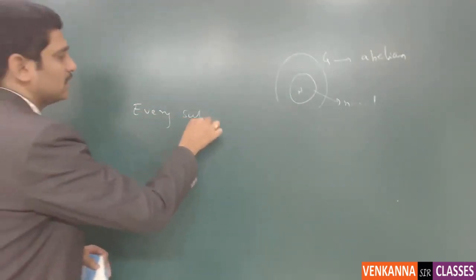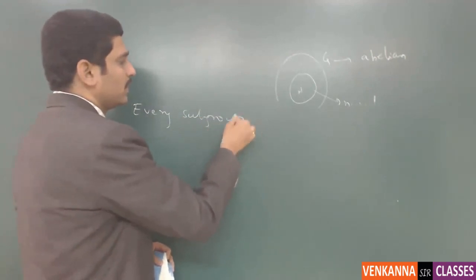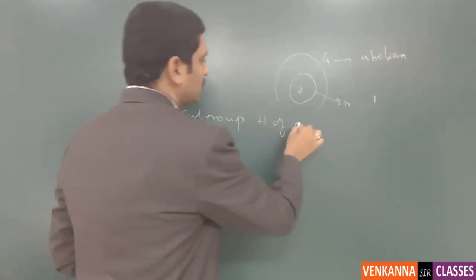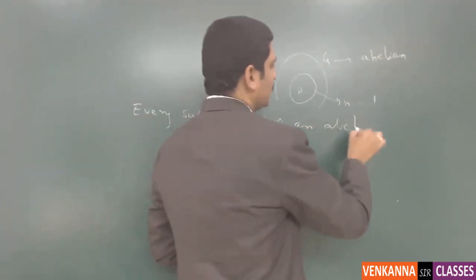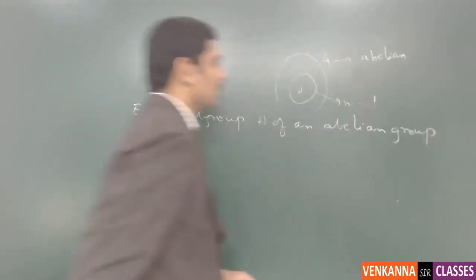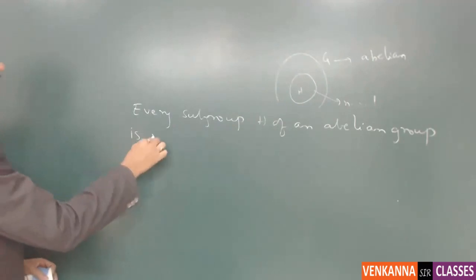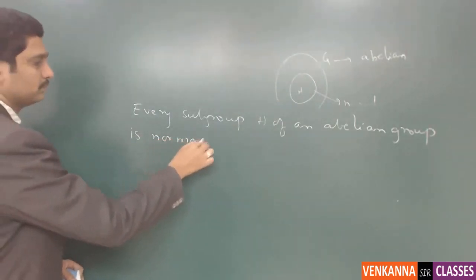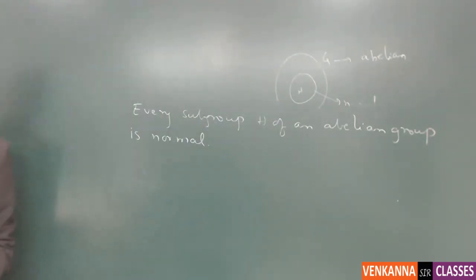So every subgroup H of an abelian group is normal. This is the statement. Clear to all?